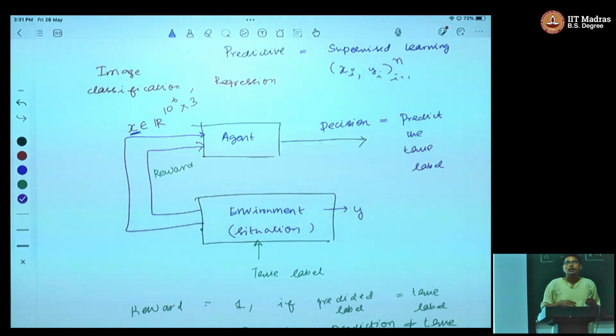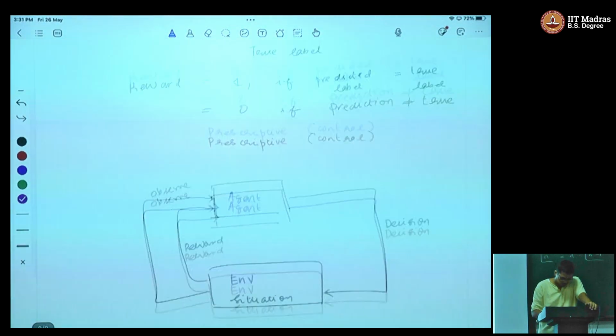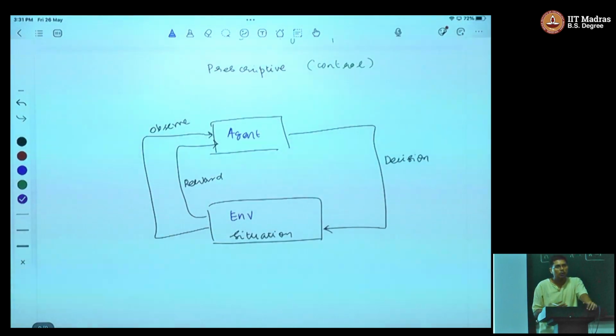So in predictive tasks, the solution method is basically supervised learning, where you are given observations as well as the true label. And when you want to prescribe things, you are in the paradigm of reinforcement learning.